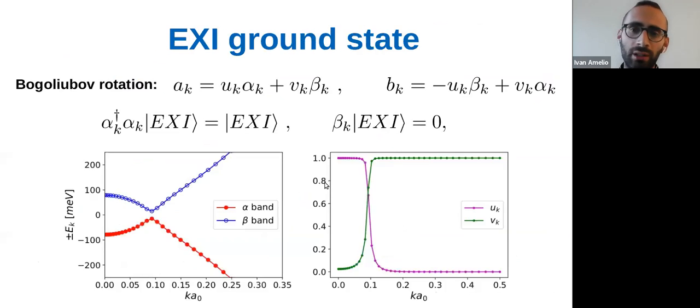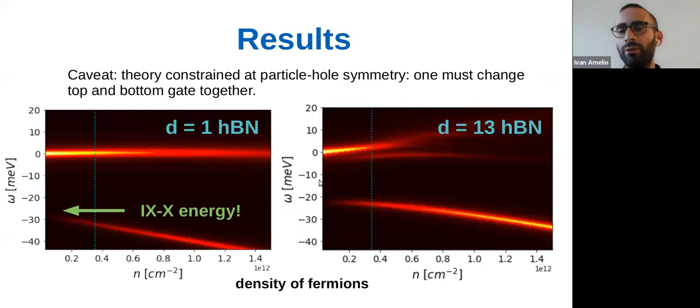What I would propose to do for an experiment is something that is not captured by this theory. Let's dope one layer with a Fermi sea, and in this case we will see the trion.